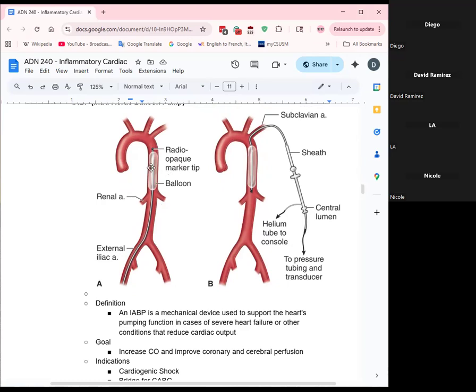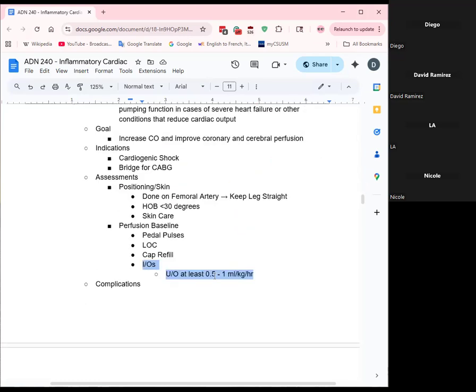If the balloon is inserted lower down than it should be, that balloon might actually be completely blocking the renal arteries, which means your kidneys aren't getting the perfusion they need, which might make that urine output even worse. So you want to make sure they're having enough urine output to be considered safe. That would be weight based, so 0.5 to 1 mLs per kilogram per hour.